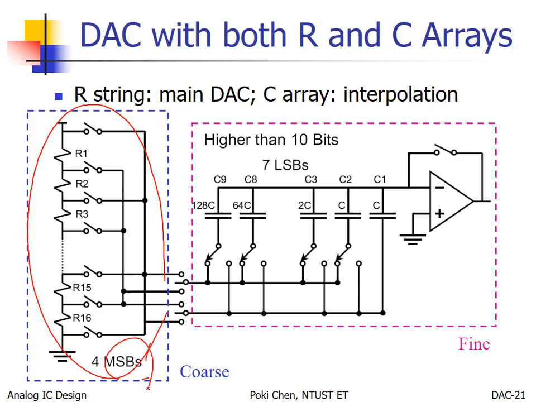So you have many switches according to your MSB. If MSB is 0, you touch those 2 points. And next one, MSB is 1. Right now it has 4 MSBs, so 2 to the 4th power, totally 16 levels.